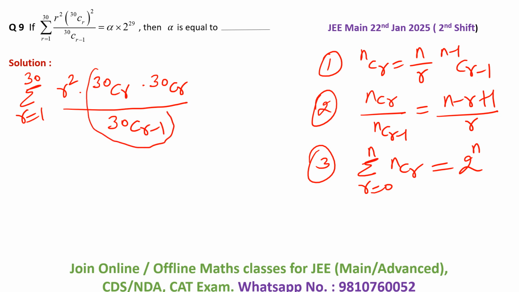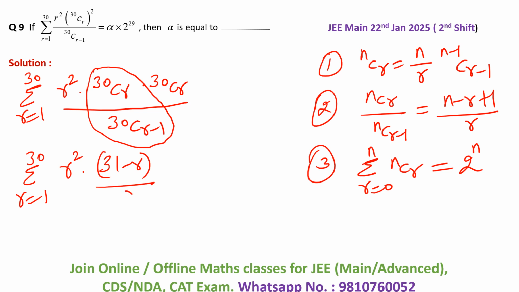Now this expression 30 Cr upon 30 C(r minus 1) we can simplify by using the second formula. And if you do not know this formula, just write the values of 30 Cr and 30 C(r minus 1) and divide both of them. Now this will become (31 minus r) divided upon r into 30 Cr. Now students, r and r are cancelled.